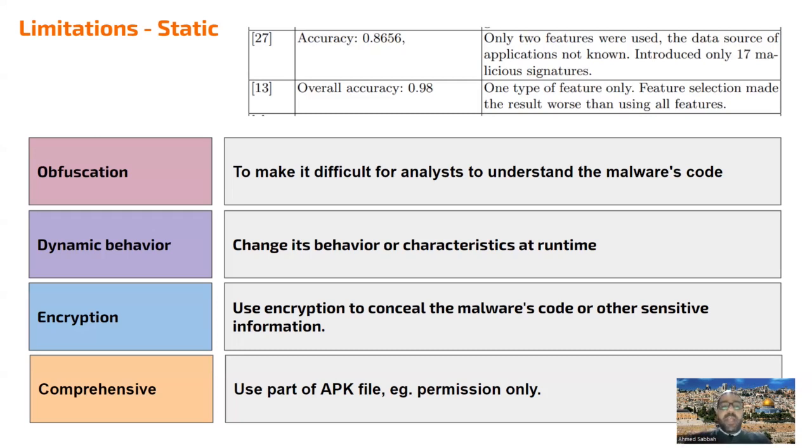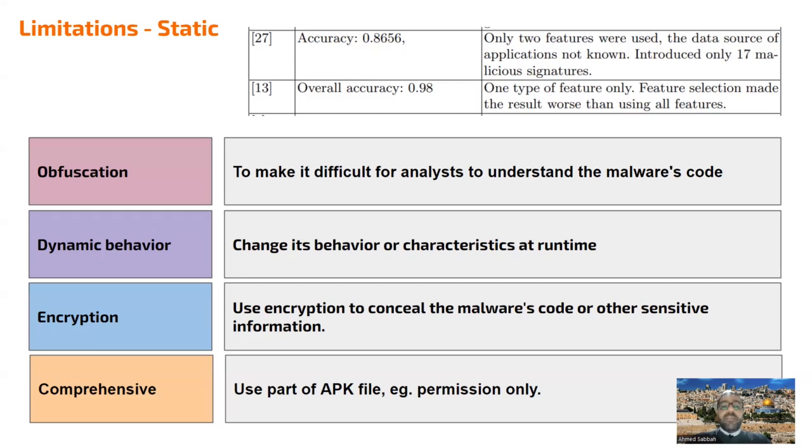Dynamic behavior. With static analysis, malware authors or attackers use more than one technique to change their behavior or characteristics at runtime, so static analysis may not cover this behavior. Encryption: using encryption to conceal the malware code or other sensitive information.